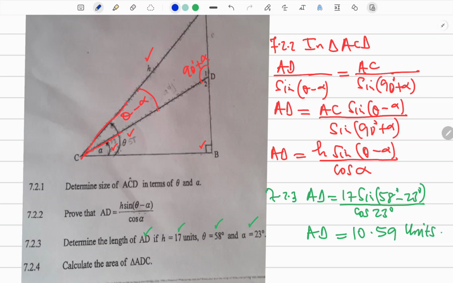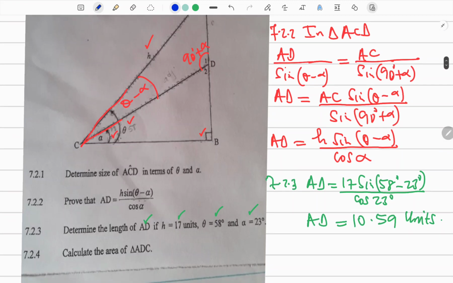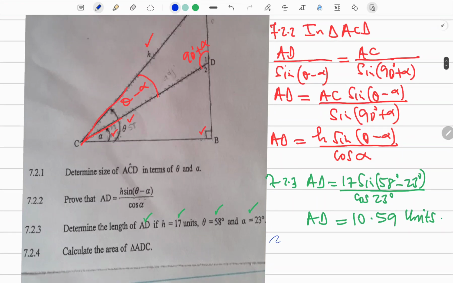Now the next thing we're going to find is 7.2.4.